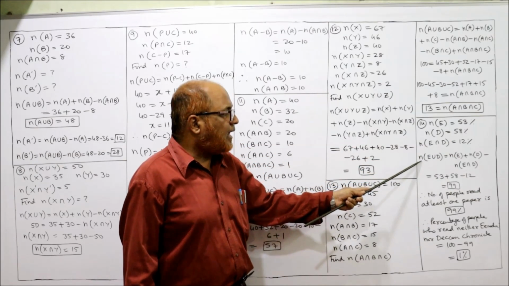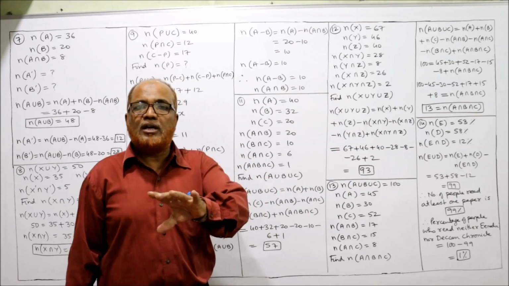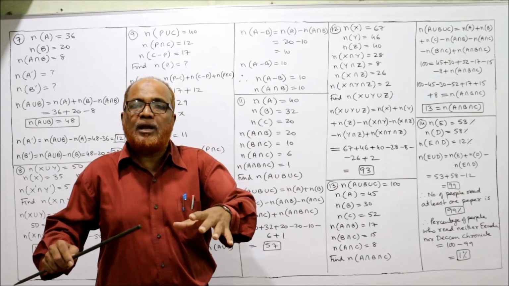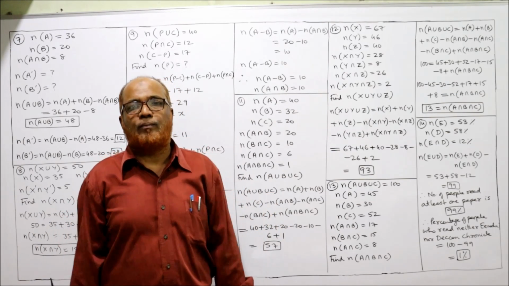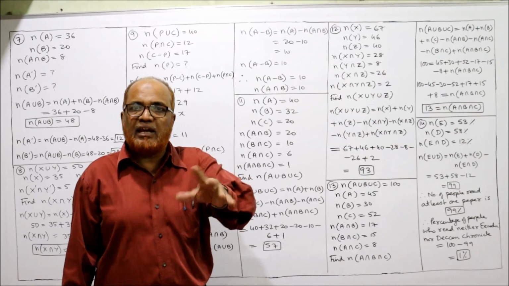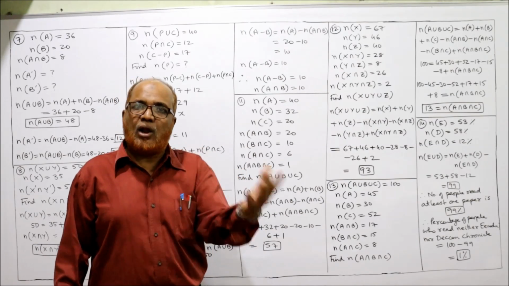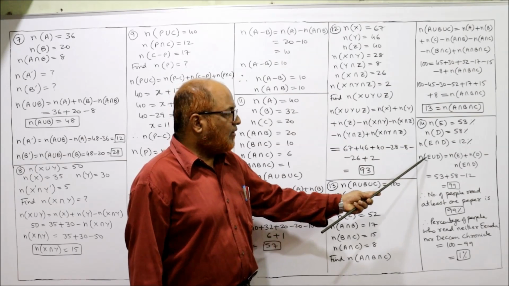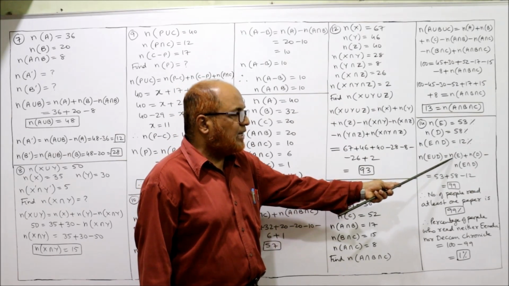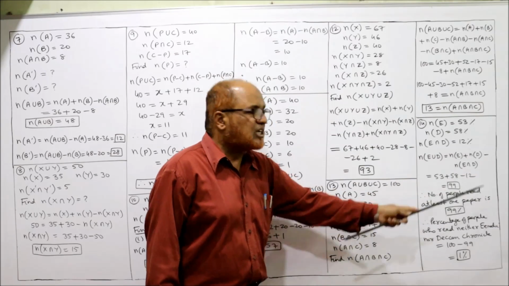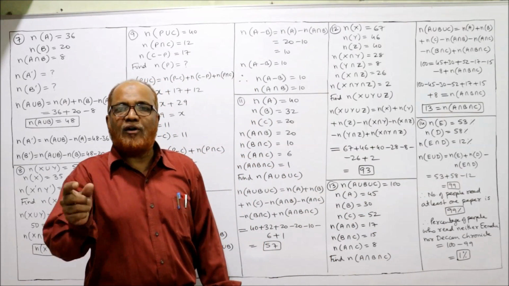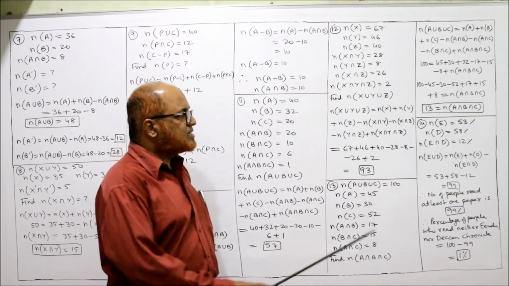Now we calculate N of E union D. Union means how many people read either Deccan Chronicle or Enadu, either one. So N of E union D is equal to N of E plus N of D minus N of E intersection D. Now we substitute.